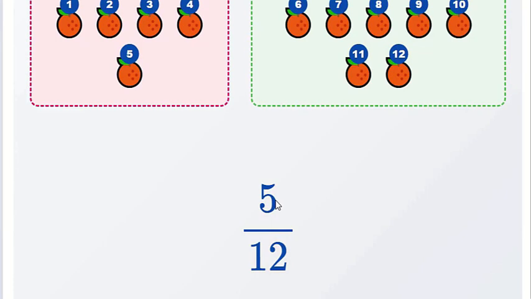But before giving Mike, Sarah had 12 oranges. So to write it in fraction form, we need to take the 5, which is the oranges given to Mike, out of the total number of oranges Sarah had before giving Mike the 5 oranges. So the fraction will be 5 out of 12.